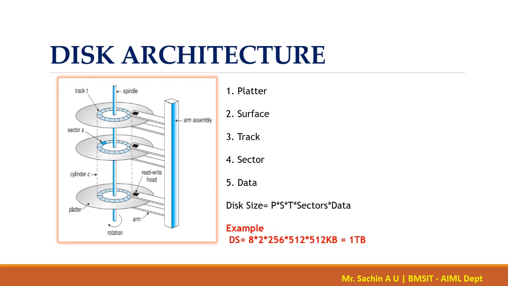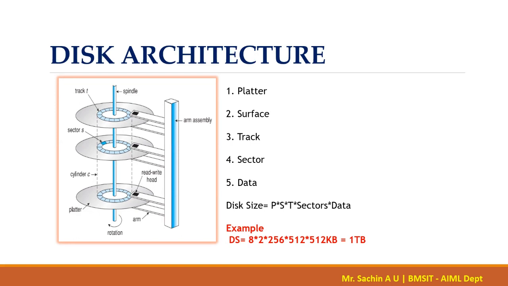No doubt these tracks, as and when they are near the spindle, will be smaller, and as and when they move to the outer region, they will be larger. That is, the outer track will be of huge size. You can just imagine that the radius of the outer track will be of larger length, and the track near the spindle will have a smaller radius.